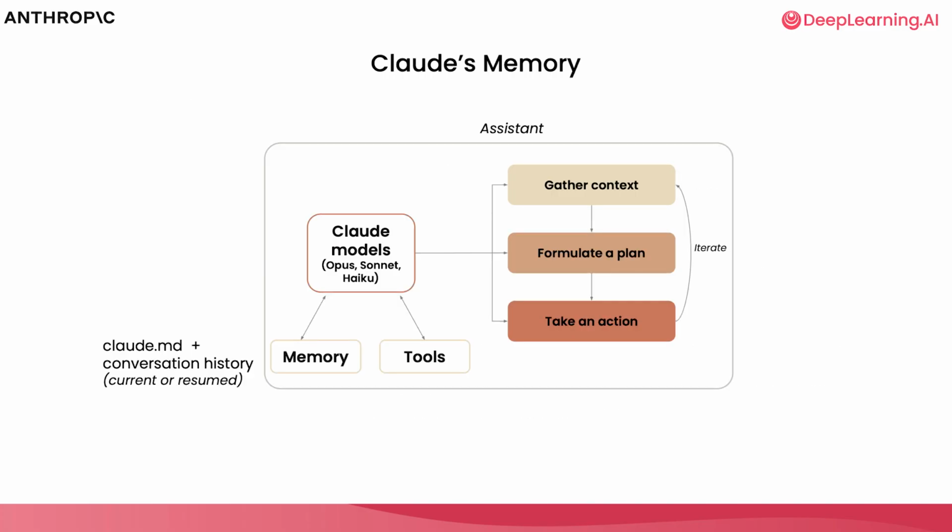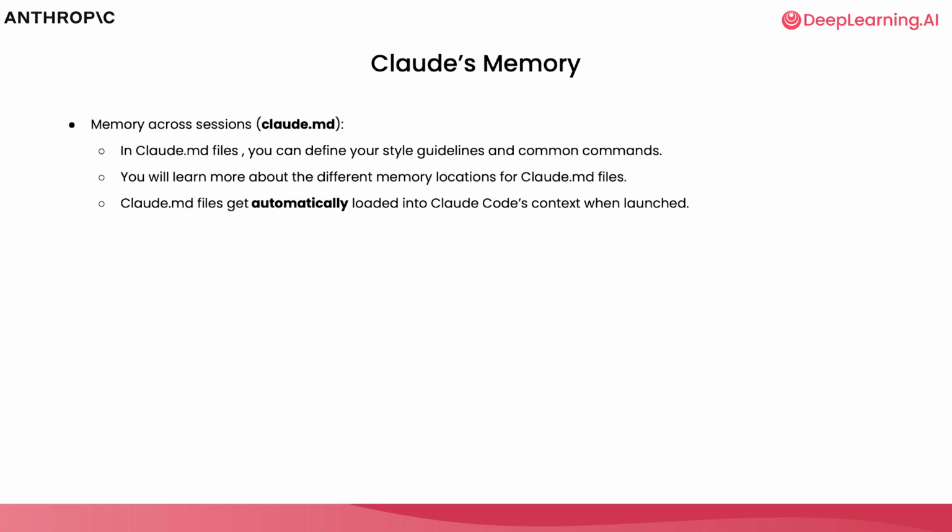When we talk about the memory of Claude, or its ability to remember what has happened in previous conversations or across all kinds of actions, this is done using a markdown file called claude.md. In your claude.md file, you can define common configurations or style guidelines. These files get automatically loaded into context when launched.